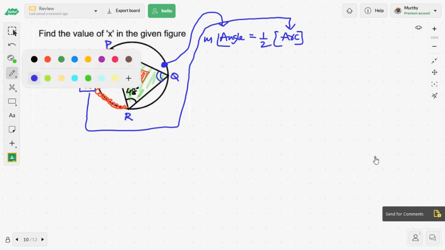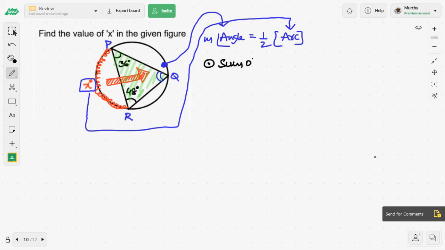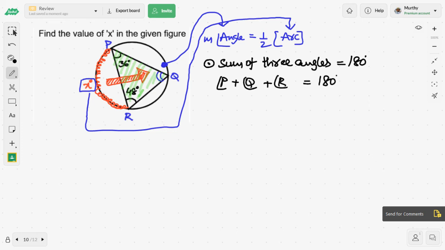So you can find the third angle of a triangle easily. Let me compute the third angle of the triangle. The sum of three angles of a triangle equals 180. Therefore, angle P plus Q plus R equals 180 degrees. Angle P is 36. Angle Q, I don't know.